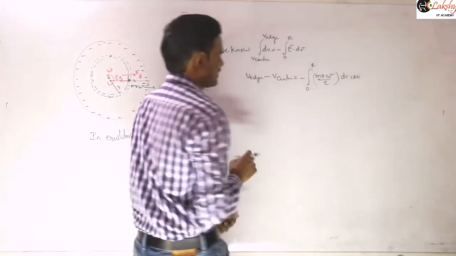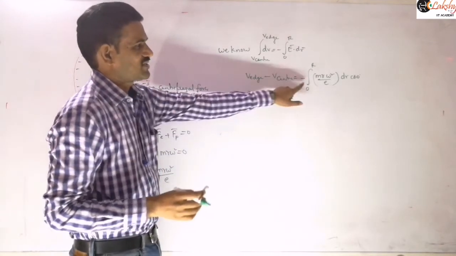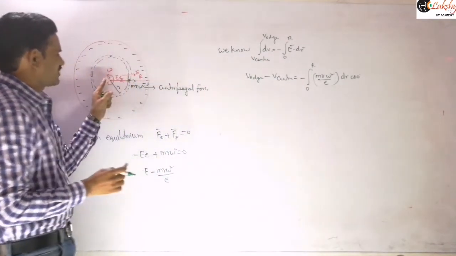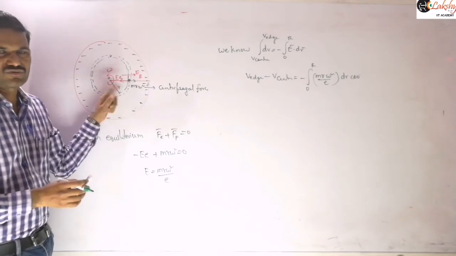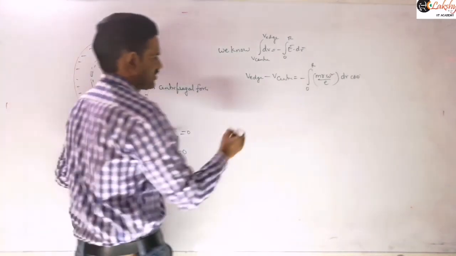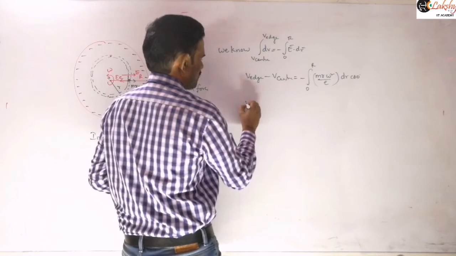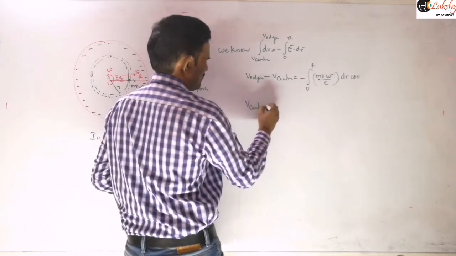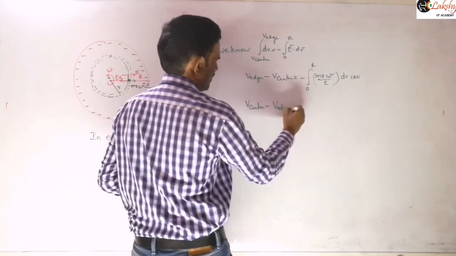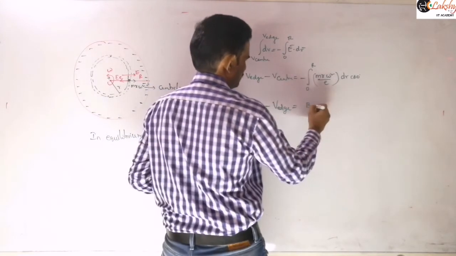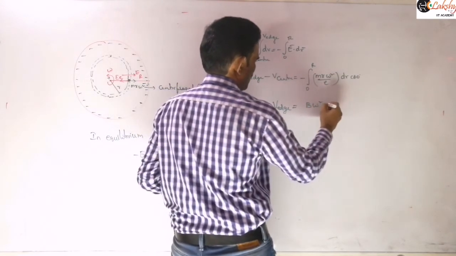And you can multiply this negative sign here. Clearly you can show that the center will be at the higher potential, right? So the center is positive and the edge we are getting as negative. So I am just taking the negative sign common on this side. So this is V center minus V edge, and we can write this as m omega square over e.